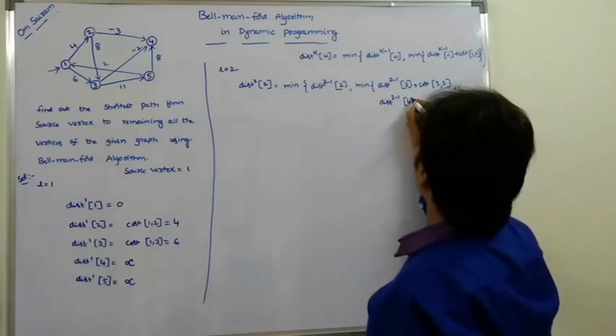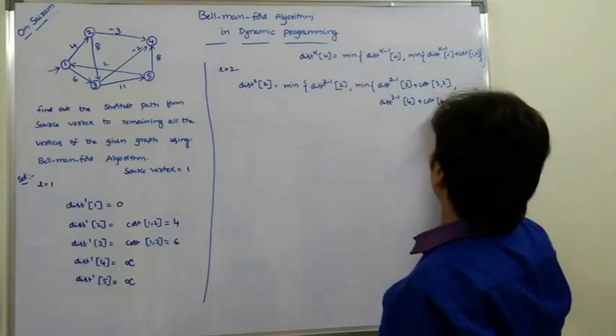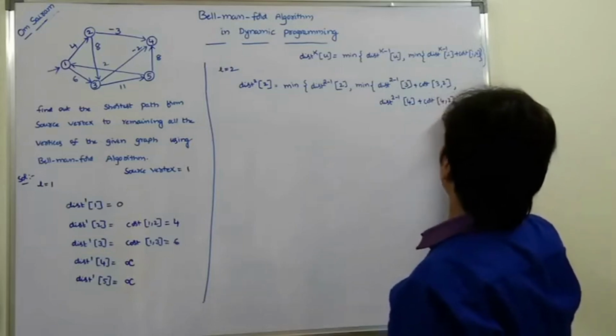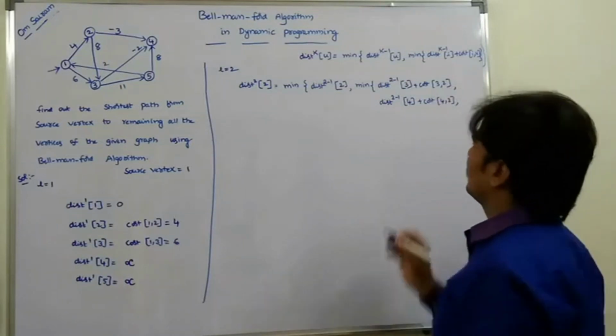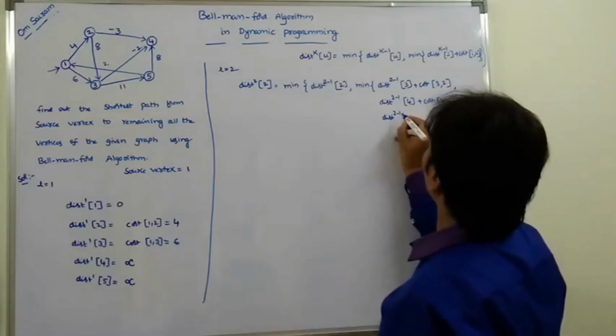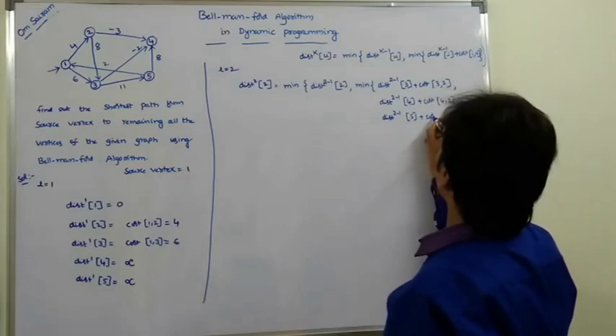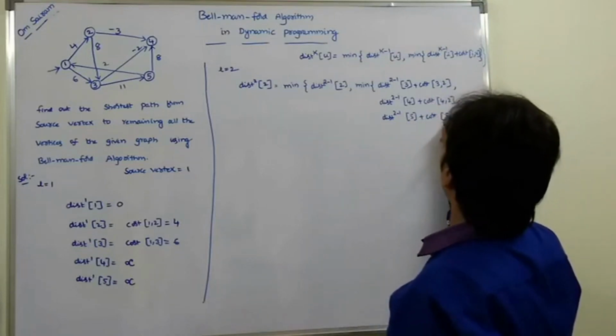Now I value is 4 plus cost of I comma U. I value 4, U value 2, comma, DIST of 2 minus 1. Next I value is 5 plus cost of 5 comma 2.